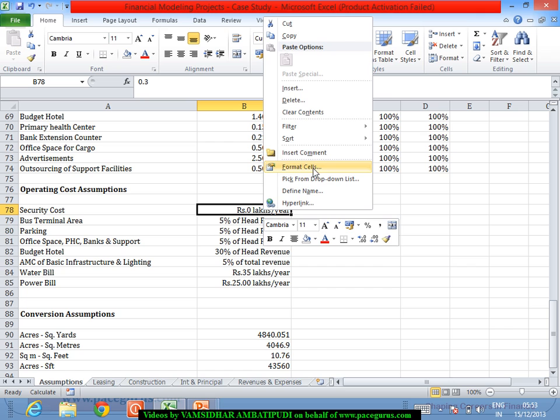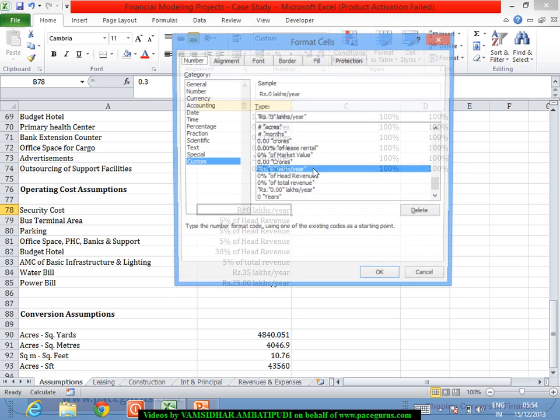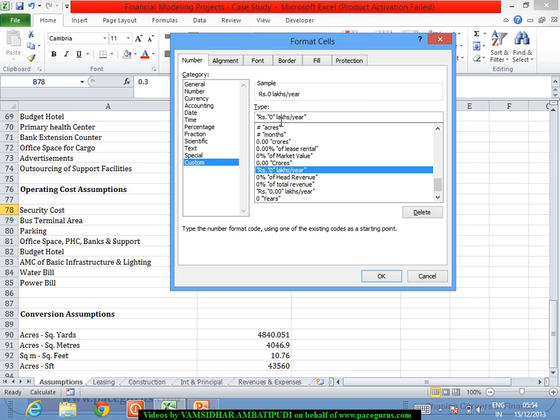So I'll do the format change here, instead of lakh per year, probably I'll make it crores per year.